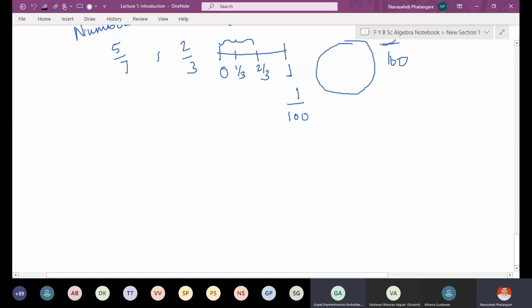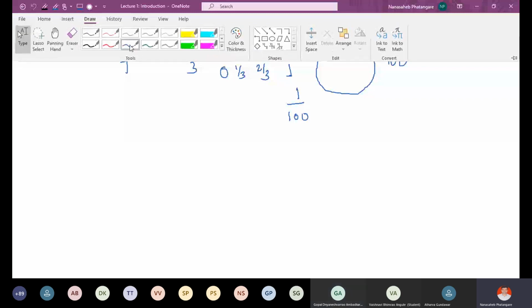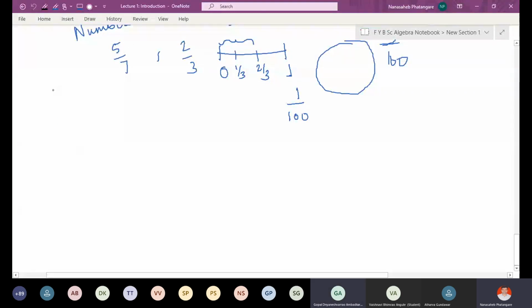The set of rational numbers has elements of the type p by q. That we introduced last time. It is denoted by this special symbol.